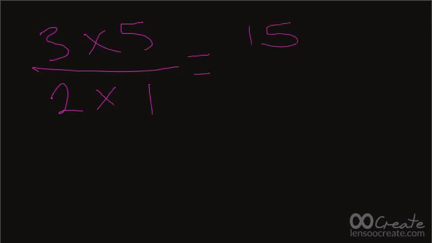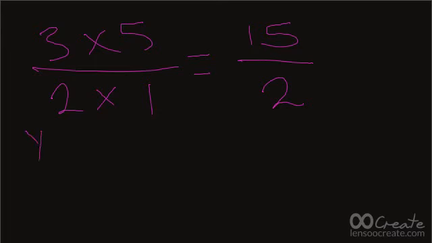So 3 times 5 over 2 times 1 gives us 15 over 2.